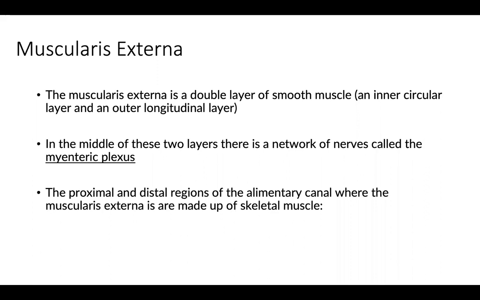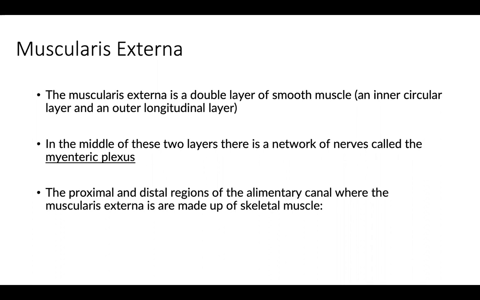In the middle of these 2 layers is a network of nerves called the mesenteric plexus. The mesenteric plexus serves the role of motility, which helps move the food along the tract and in the stomach to promote mechanical digestion.